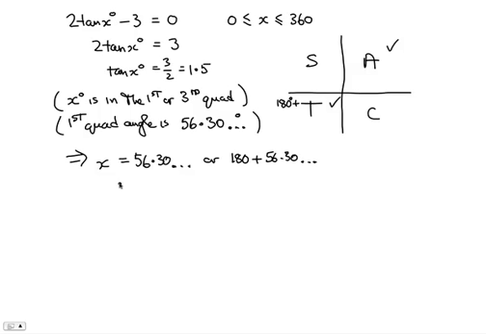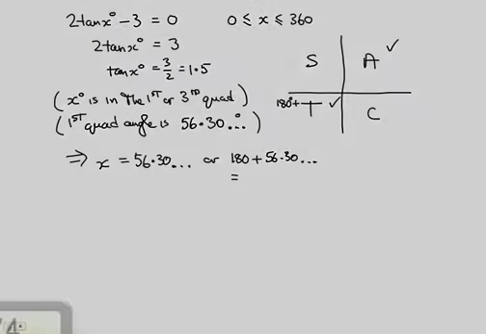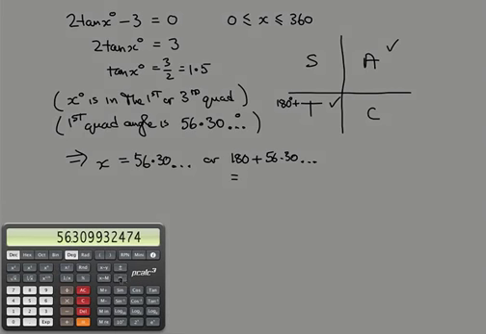And we now therefore have to calculate 180 plus 56.30. Let's store this memory in. We've stored that. So 180 plus, recall the memory, this 56.3, that equals 236.30 degrees.